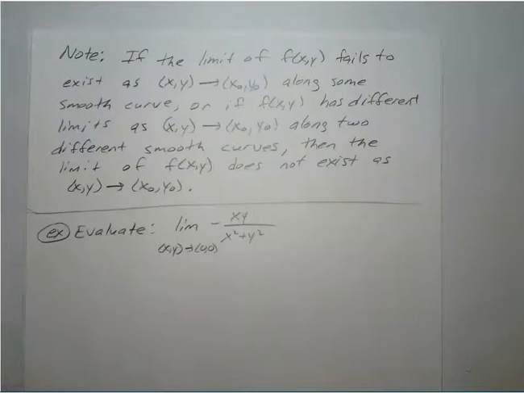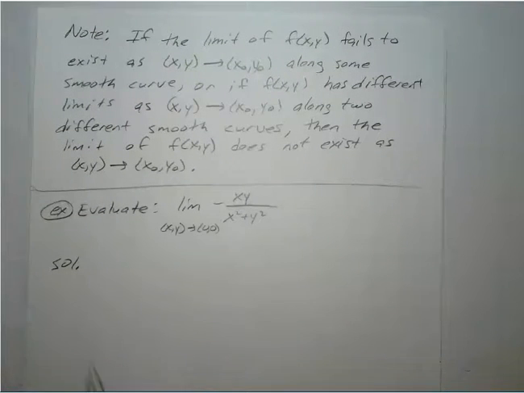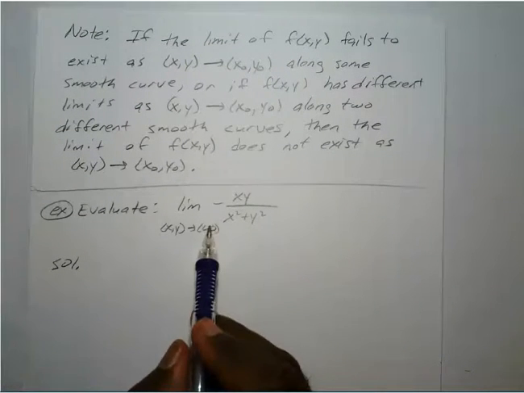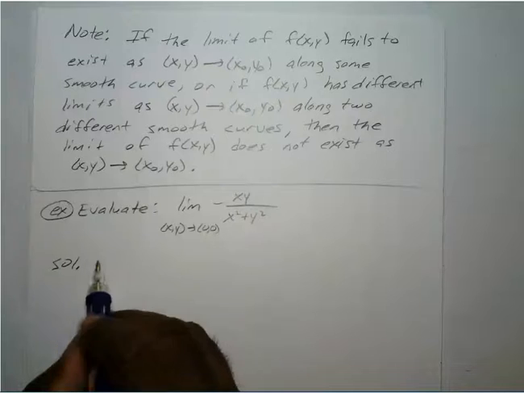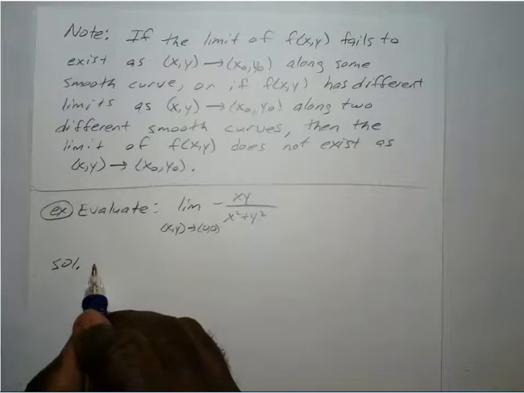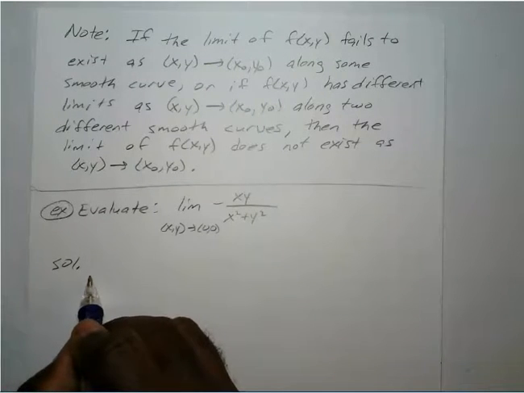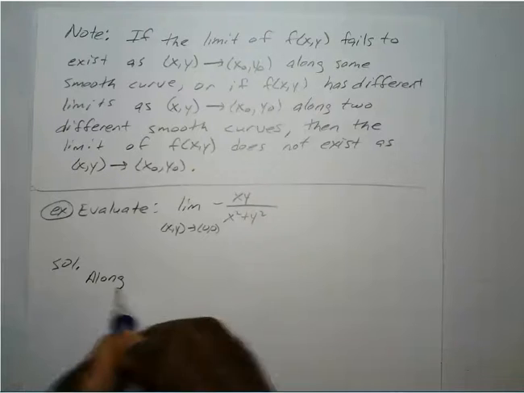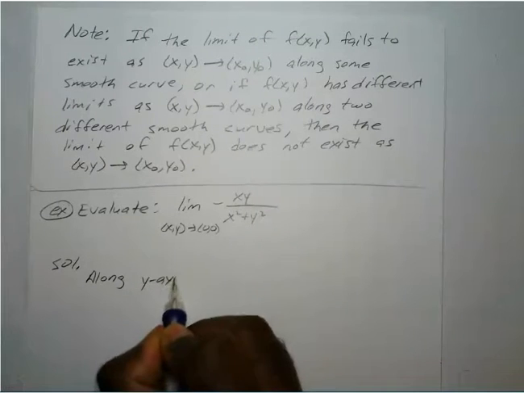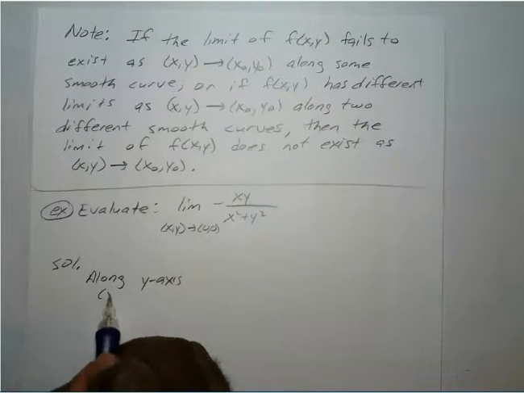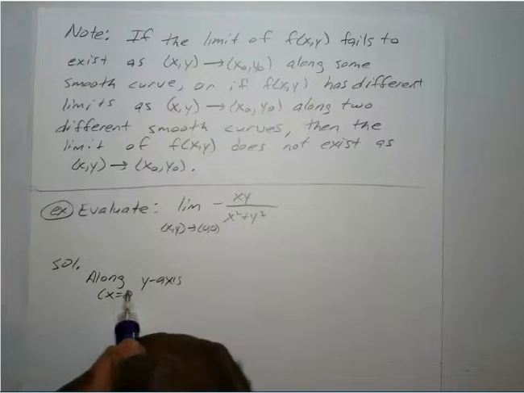All right, so what if we do just like we did before from our first example? We go along the y-axis, or in other words, x equals 0.